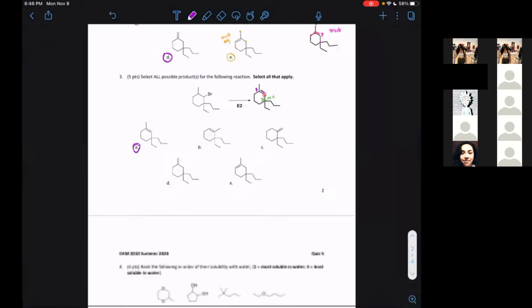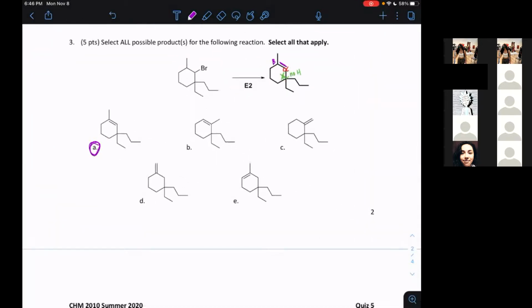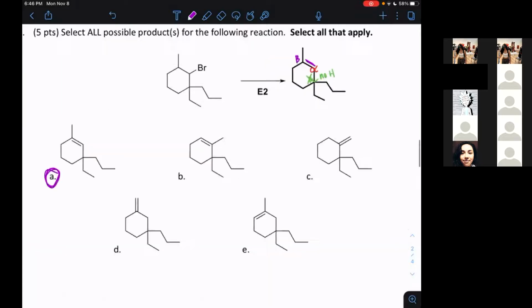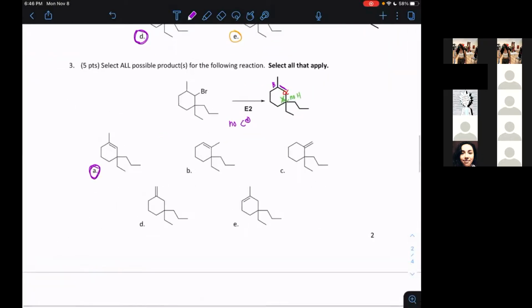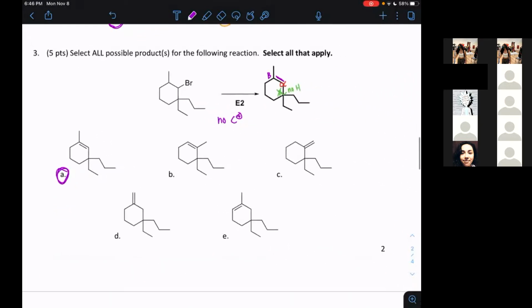It'll be A. Yeah. Wait, so E2 doesn't have carbocation rearrangement? No. Yeah, that's the difference, because E2 is only one step. There's no carbocation formed. Yeah, okay.